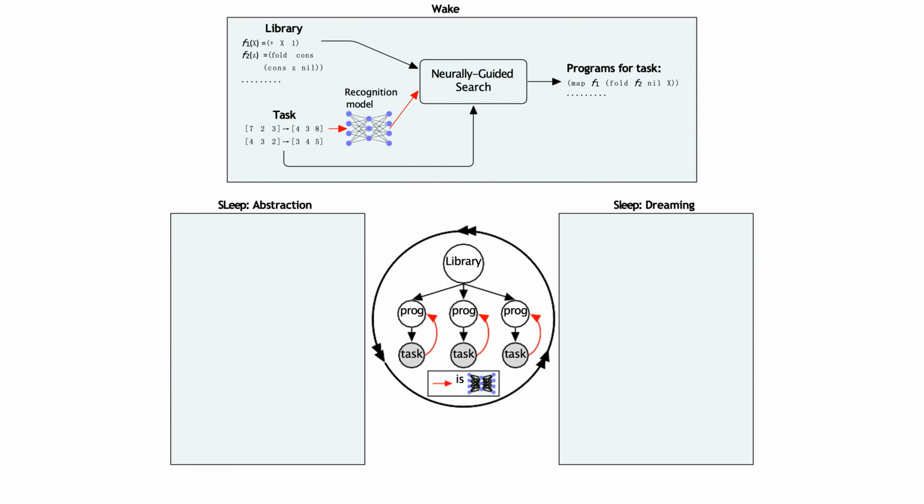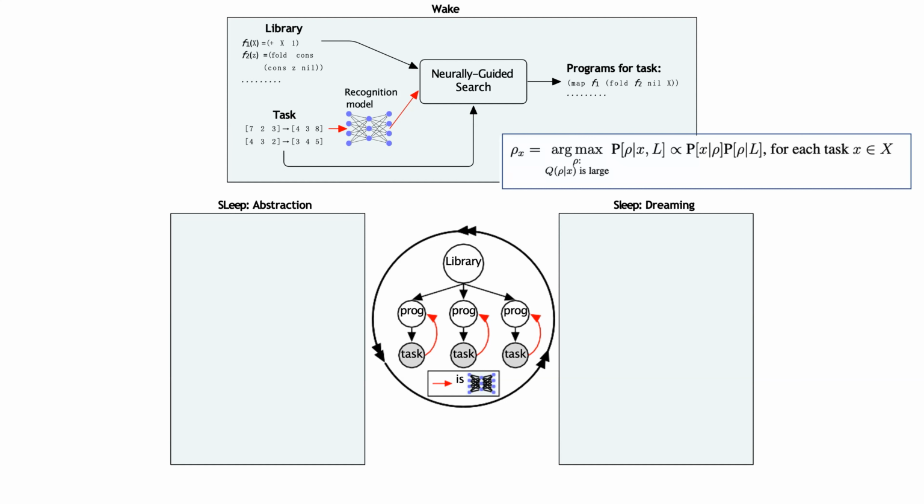And then you are using the synthesis process, the neurally guided search process, to come up with programs. There is an equation for this that you can see in the paper in more detail. But basically what this is trying to do is to come up with a program that solves these tasks optimally.